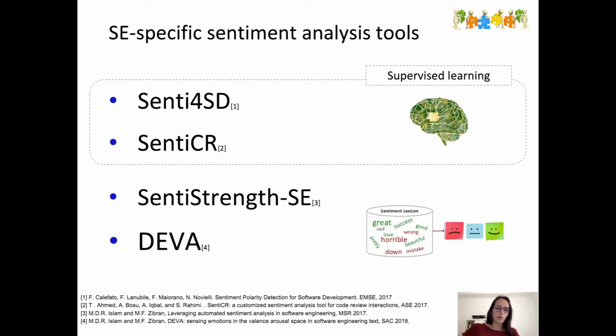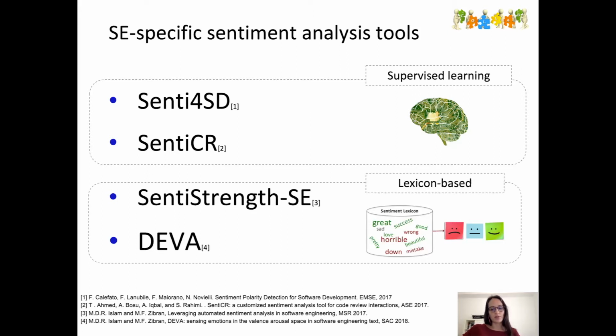On one hand, we have supervised learning. Senti4SD and Senti4CR, for example, implement classification models based on machine learning from a manually annotated gold standard. On the other hand, tools such as SentiStrength-SE and DEVA, which are from the same authors, rely on a lexicon-based approach, which means they implement a set of rules and heuristics based on the presence of positive and negative words as they are classified in sentiment vocabularies.